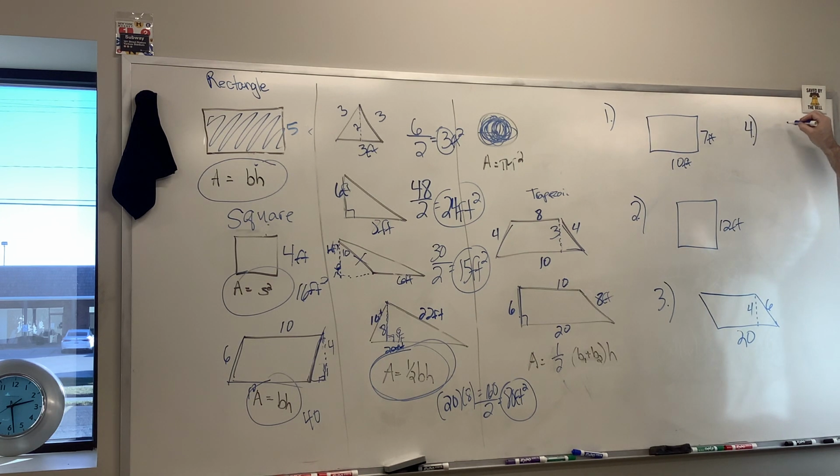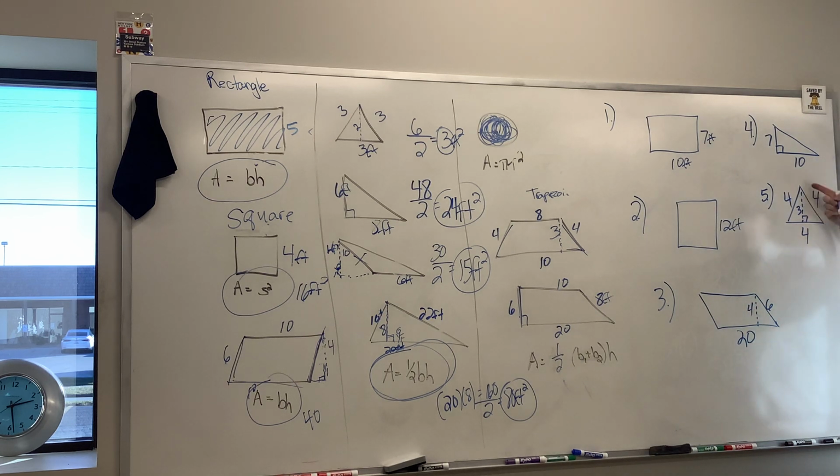Okay, I'm going to do some triangles. I'm going to mix it up though, not do them in the exact same order. Remember that means 90 degrees. So that length is 3. These are all 4, equilateral.